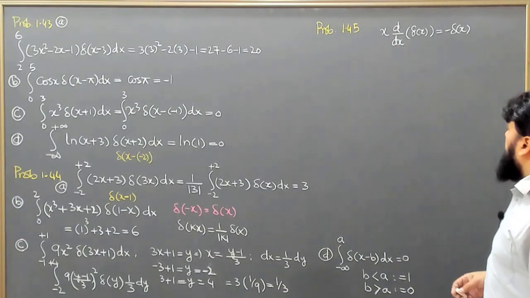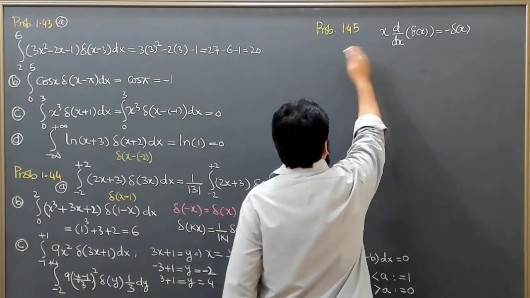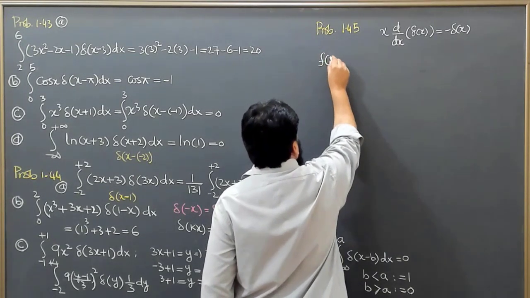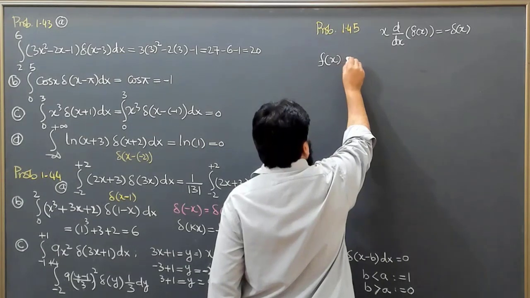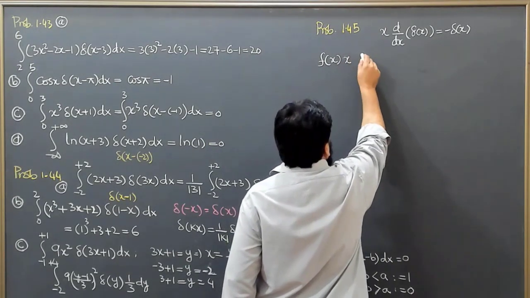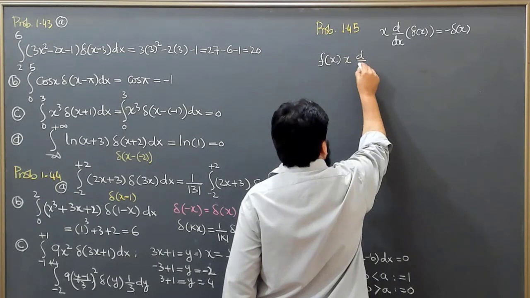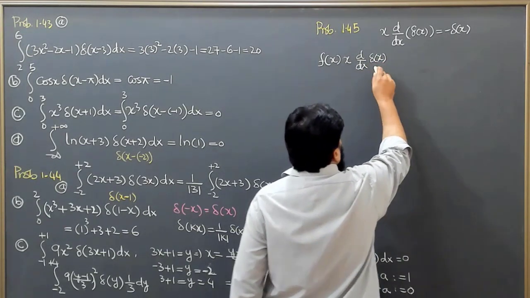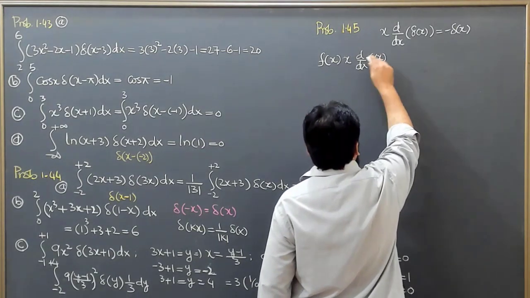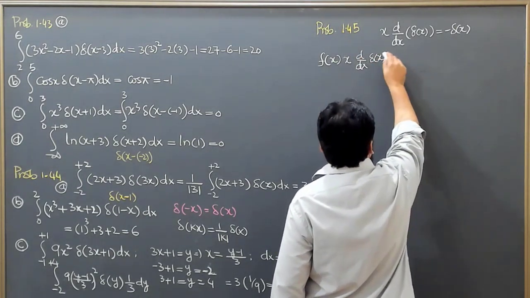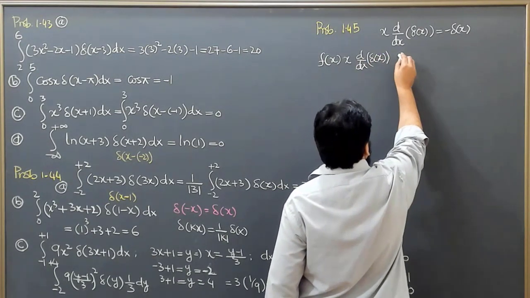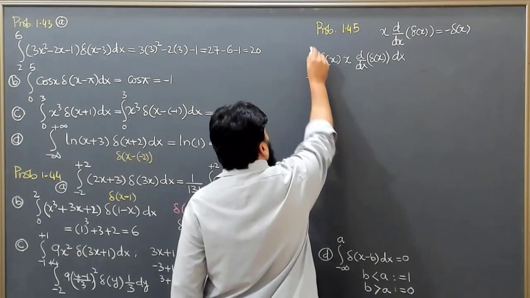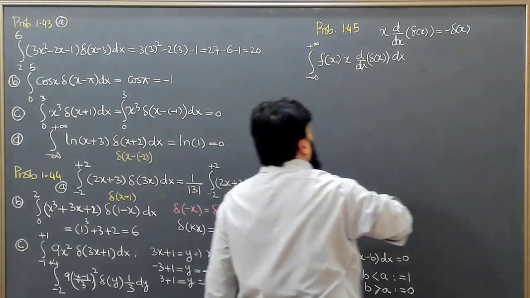Now let me solve this one. Let's say I combine a function with this, f of x, and then x d over dx of delta of x, with dx here, in the integral from minus infinity to plus infinity.